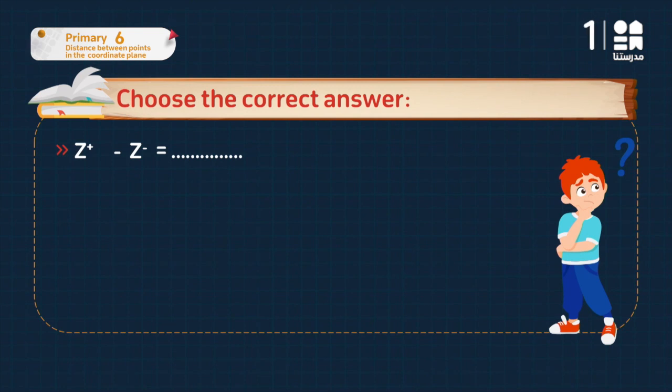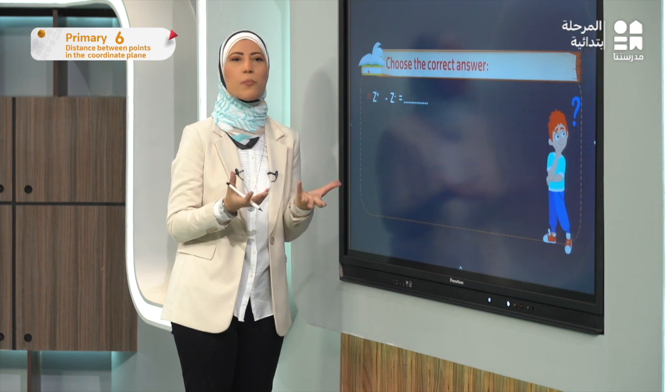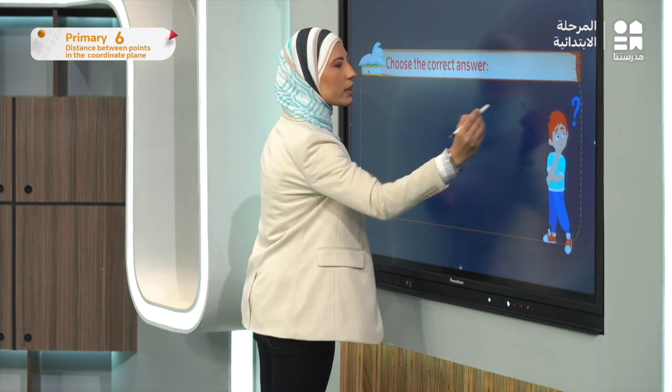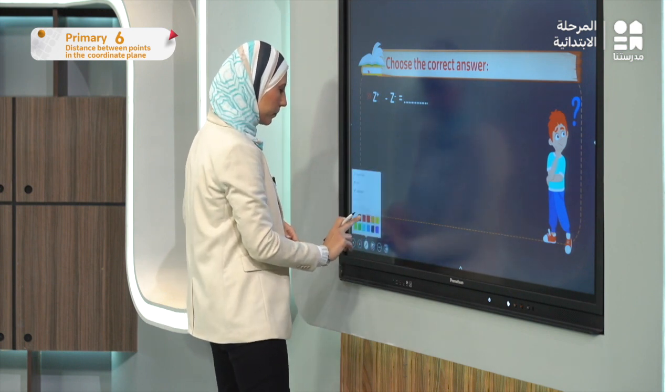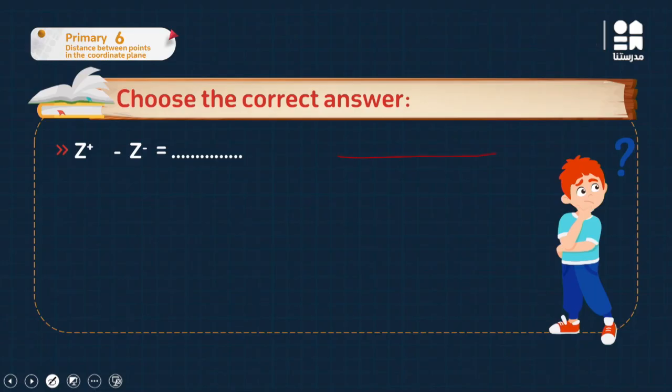Z positive minus Z negative. You have Z positive, which is the positive integers. You are taking the Z negative from it. What is Z positive actually? If I draw my number line, here is the set of Z: this is the zero, this is Z positive and this is Z negative. If I have Z positive and I want to take the Z negative from it, can I?